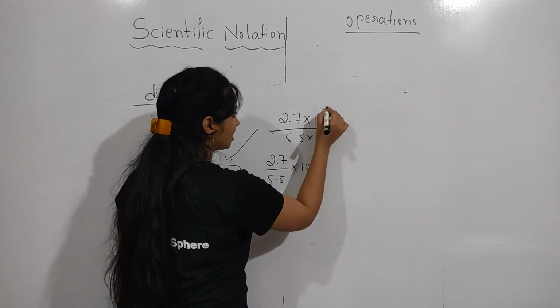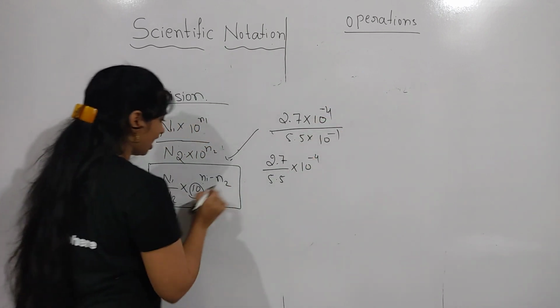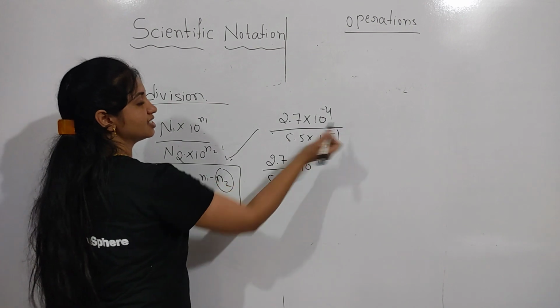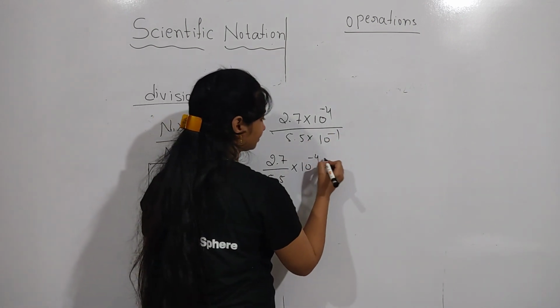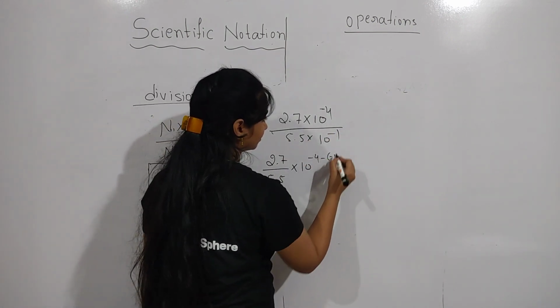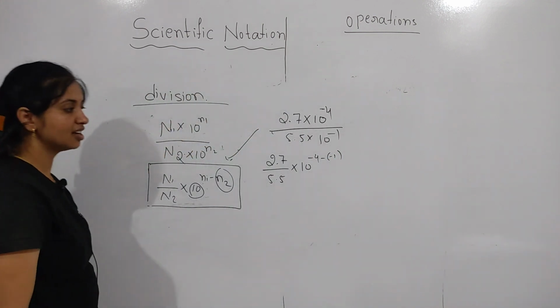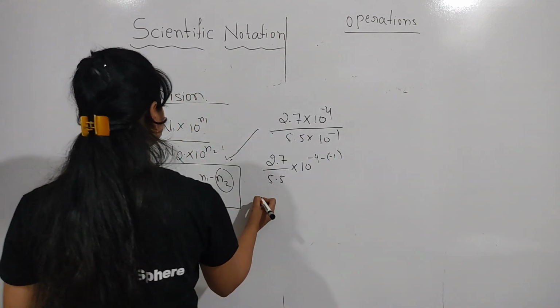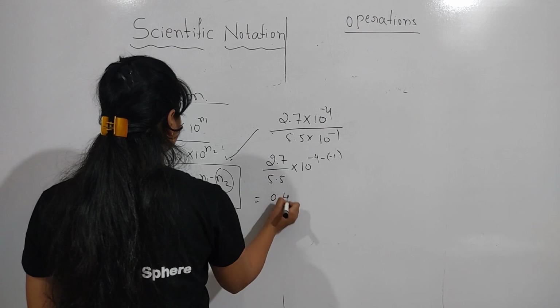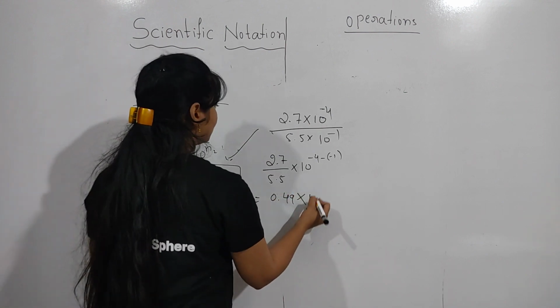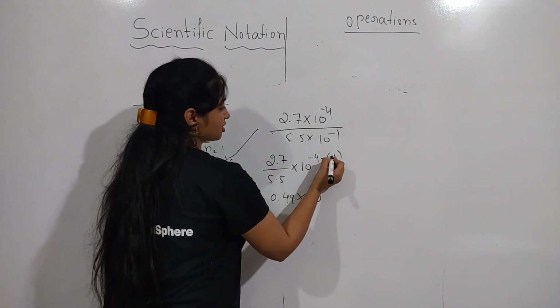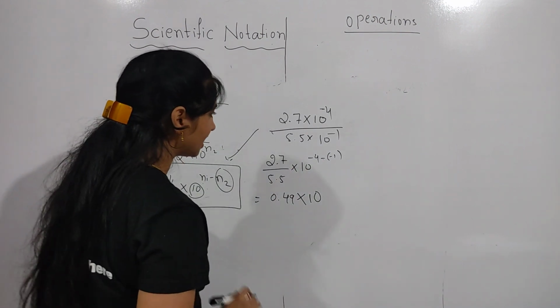So what is the n1 here? 4, and n2, that is minus 1. So what will be the answer here? 0.49 into 10 raised to 4 minus minus 1; minus into minus is plus.